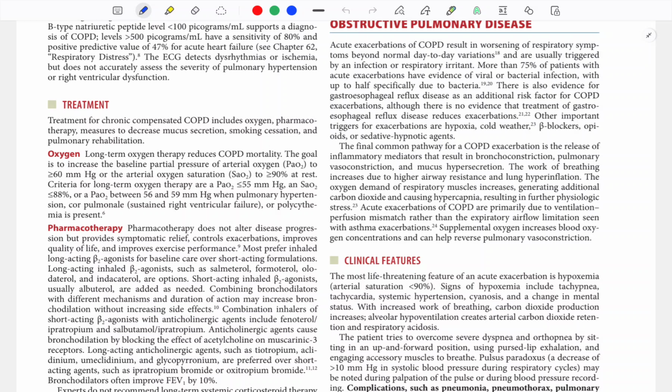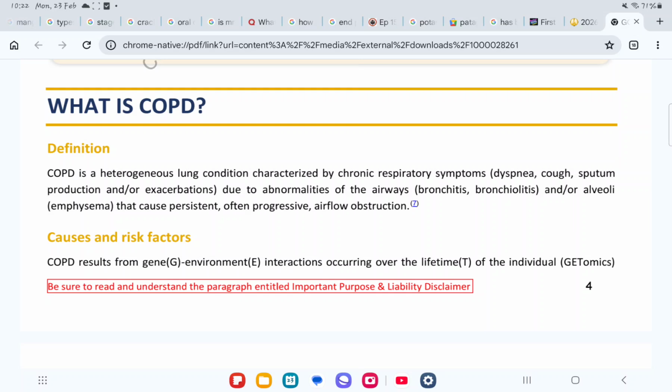So less than 55 all patients, 55 to 60 with pulmonary artery hypertension, cor pulmonale and polycythemia. These are the recent GOLD 2026 guidelines.